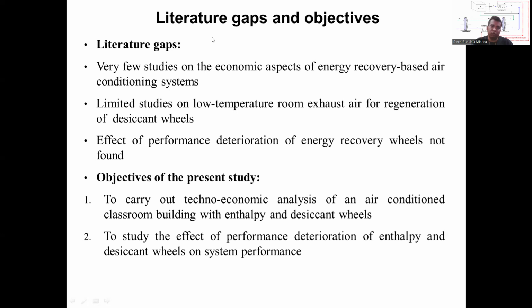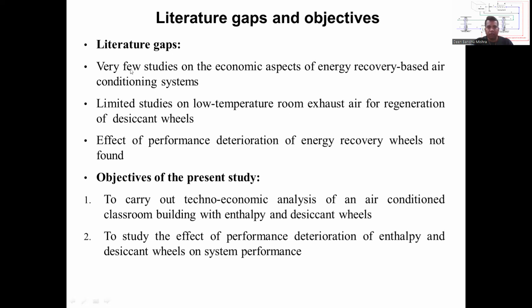Generally, these studies show that they use either solar energy or some other form of energy for regeneration of these wheels. But the use of low temperature room exhaust, which is at 26 degrees centigrade, is limited.